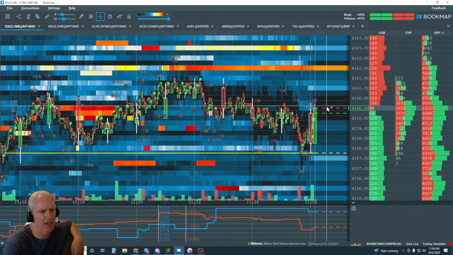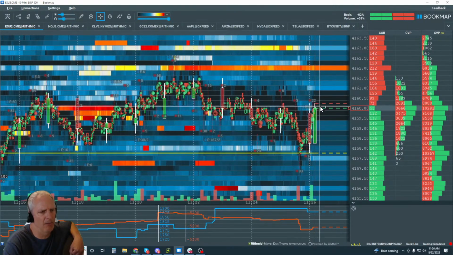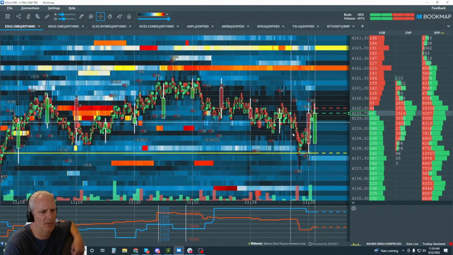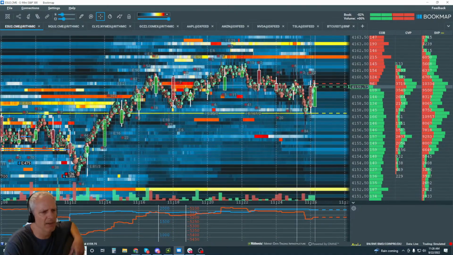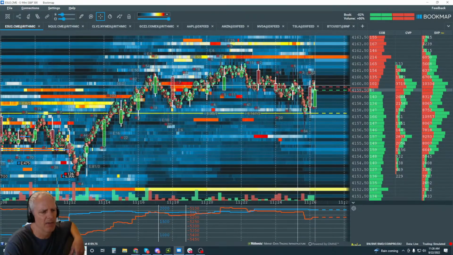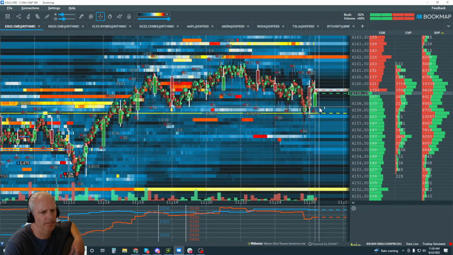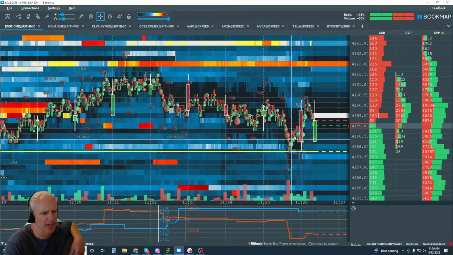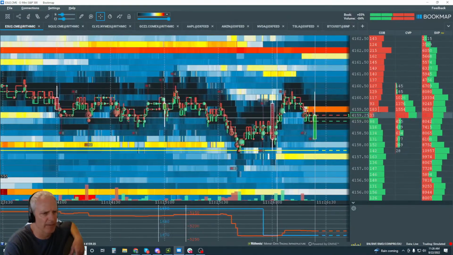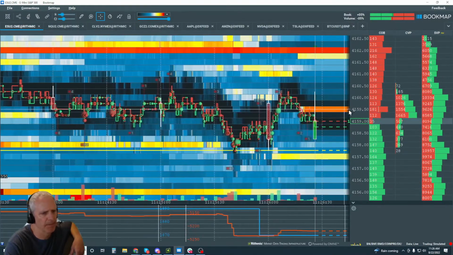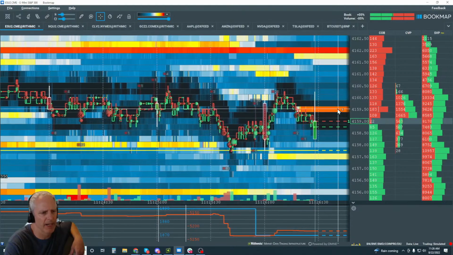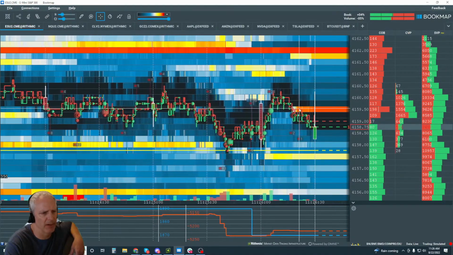There they go. Okay, so now we're looking for a move back up into 62. I think that they've got it here. We had our stop run, and then we see the buying coming back in. This player here at 59.5, just spoiling that party right now.